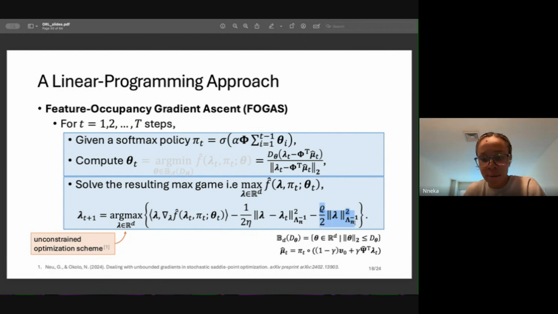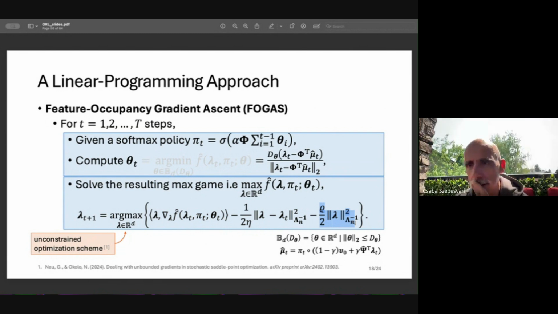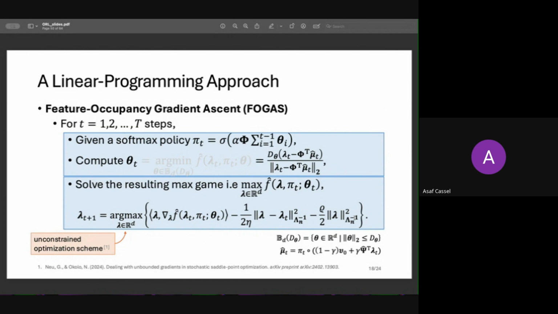By the way, Asaf is trying to ask a question. Hi. Maybe if you're going to get to it, then skip my question. But how do you choose the update rule for pi? Is it directly derived, or do you just need some kind of regret minimization algorithm like mirror descent, so you get this?